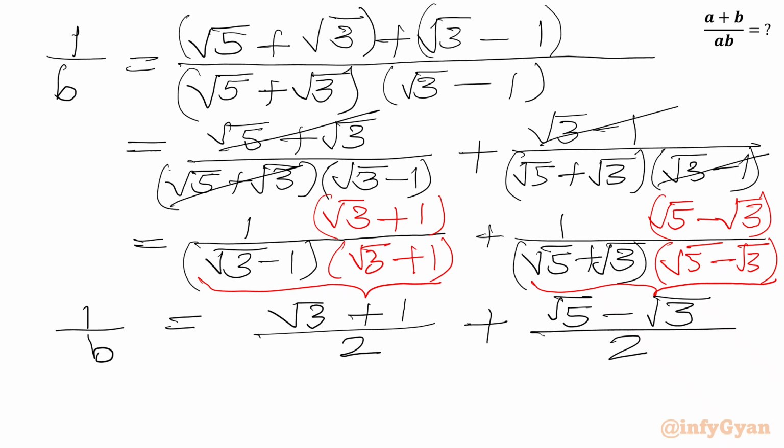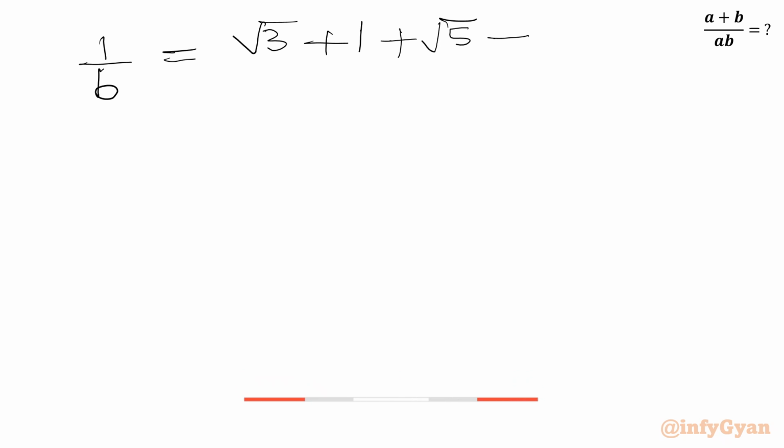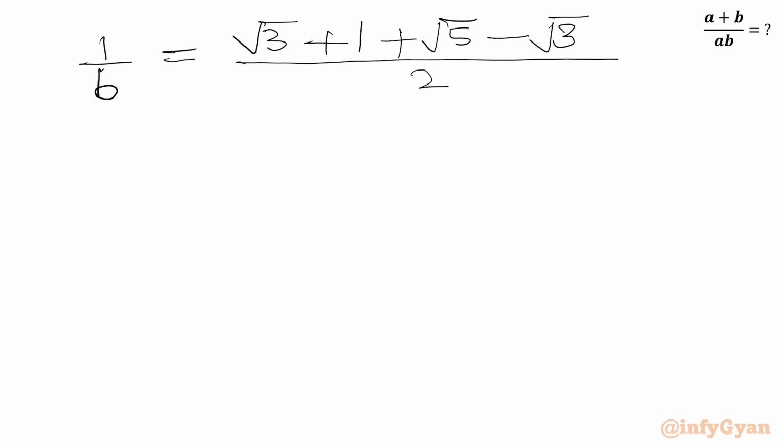So I can write 1 over b will be equal to root 3 plus 1 plus root 5 minus root 3 over 2. Now plus and minus root 3 will be over. We will be getting the 1 over b value as root 5 plus 1 over 2.